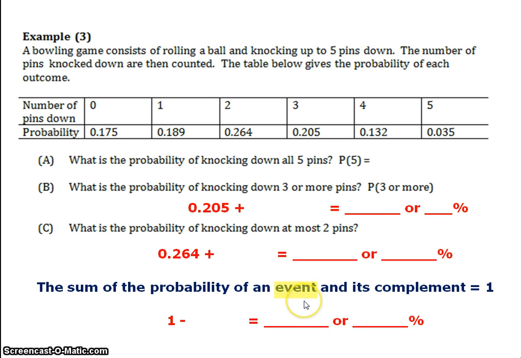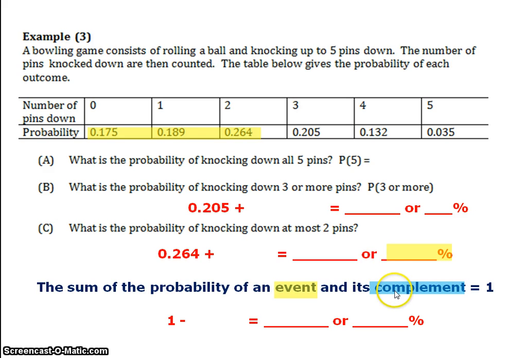Start off with 1, subtract the complement, and we would end up with the event. The event, in this case, is calculated already up here, and that is knocking down at most 2 pins. That came from the sum of these 3 probabilities that satisfied this condition, the probability of knocking down at most 2 pins.